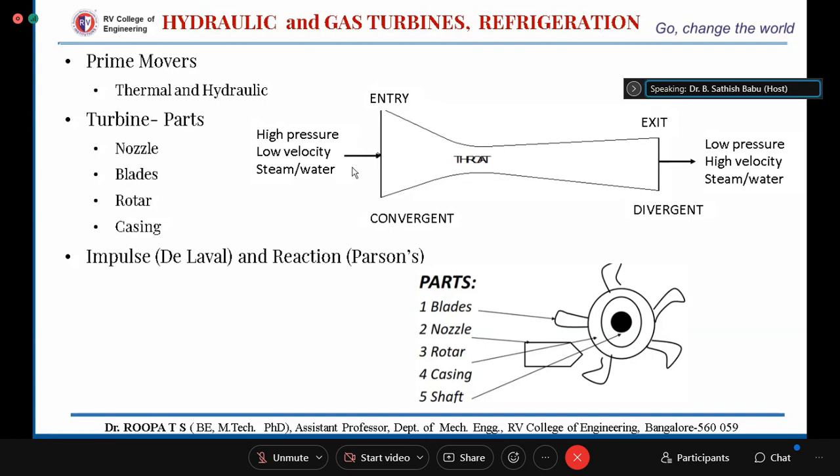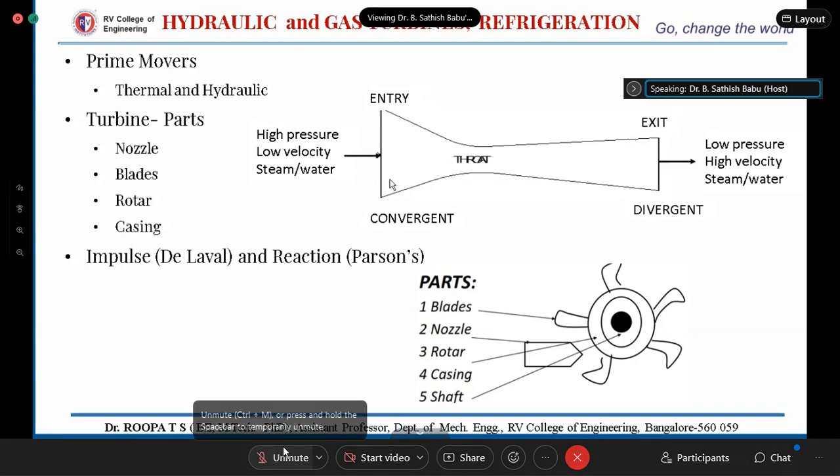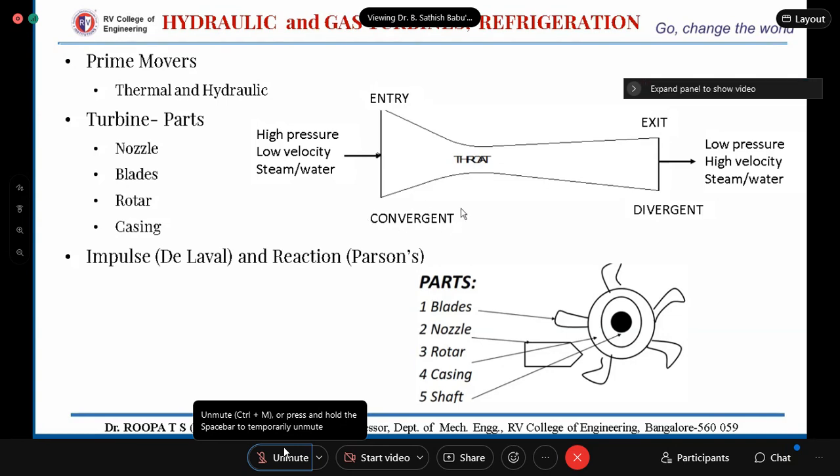As you can see in this diagram, I hope my cursor is visible to you. Yes, ma'am. So we have this entry, and we have taken the right side as exit. From entry to this narrow region, which we call the throat, we say it is the converging region, meaning the area narrows, a reduced cross section.